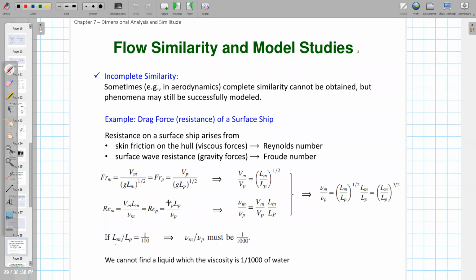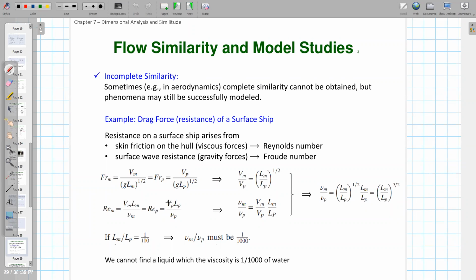So here in the textbook, they actually have some further discussion of this flow similarity. By theory, this flow similarity is very simple and very powerful, right?